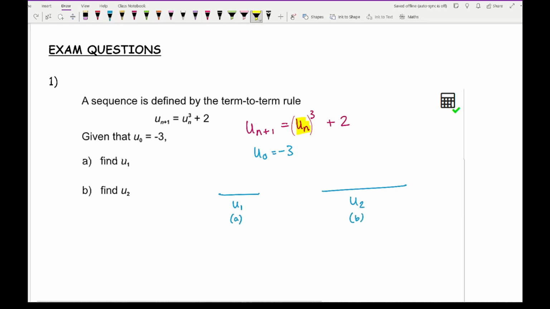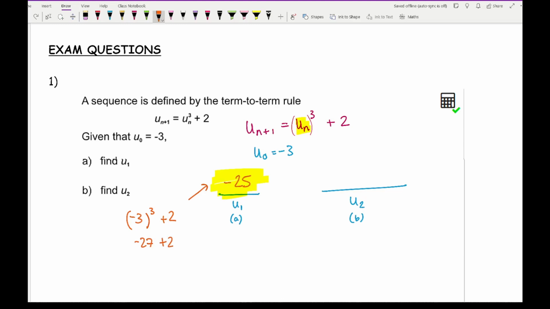Now for this value here, what I need to do is substitute minus 3 into this formula. So this is going to be minus 3 cubed plus 2. And if I type that into my calculator, minus 3 cubed is minus 27, and then plus 2 is going to give me minus 25.